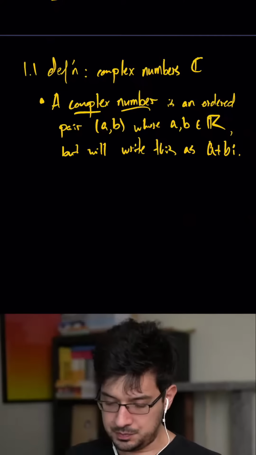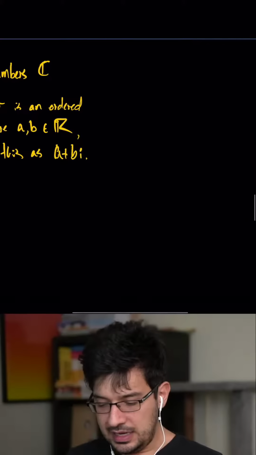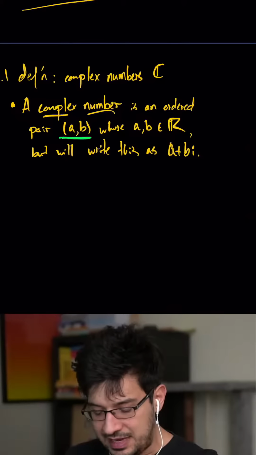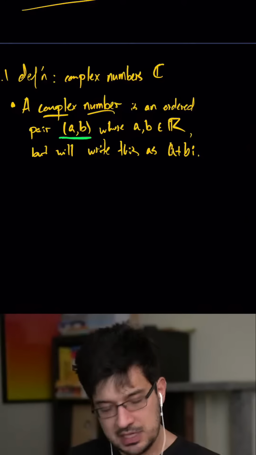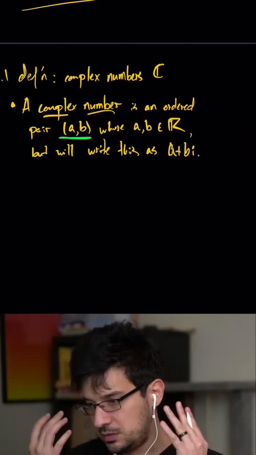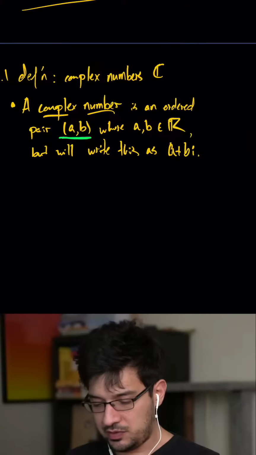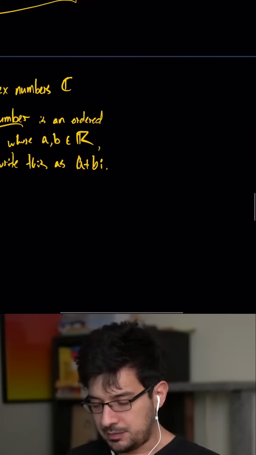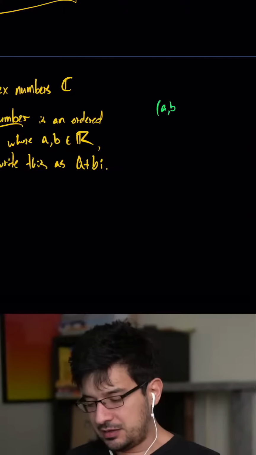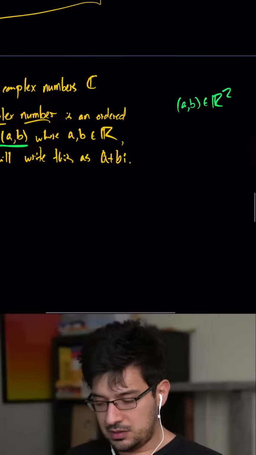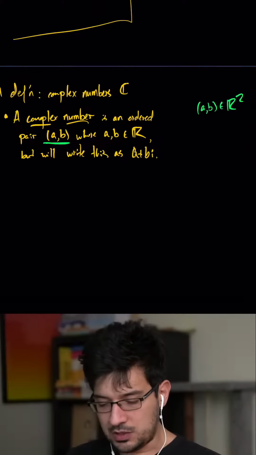Okay, so it is saying that literally, the implementation, the true, real thing that a complex number is, is just an ordered pair (a, b) in R².